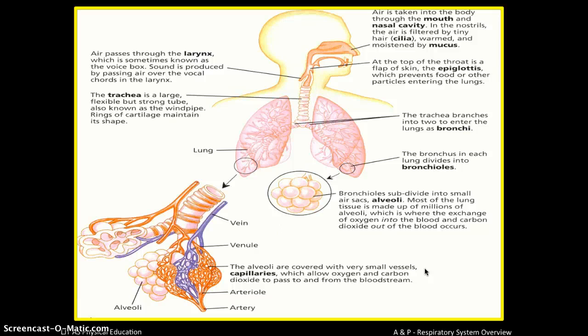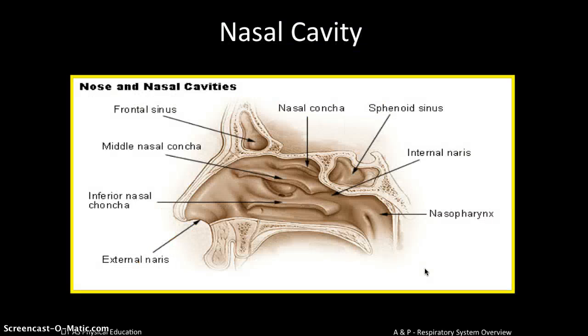Here's an image that you can pause the video and have a look at more closely. It talks about each of those anatomical elements and has a little bit of description as to their role and what occurs there. Again, a close-up of the nasal cavity, focusing on some of the anatomy. So the nose, and in through this process, obviously air can go in your mouth also.